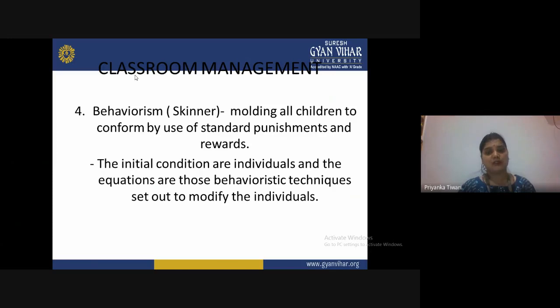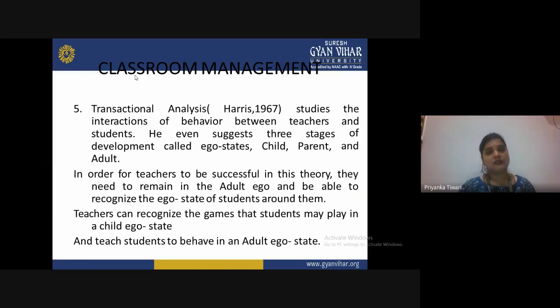Then behaviorism, Skinner: molding all children to conform by the use of standard punishments and rewards. The initial conditions are individuals, and the equations are those behavioristic techniques set out to modify the individuals.